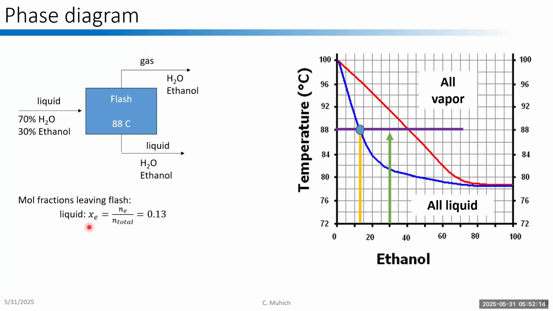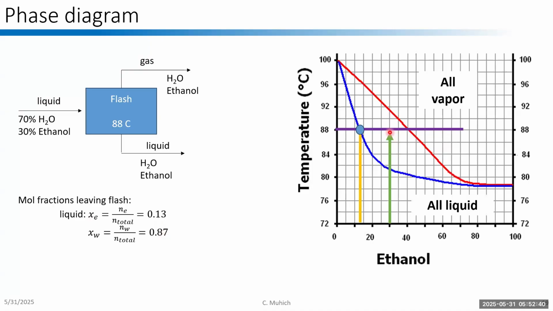So we can say that the mole fraction of ethanol in the liquid phase, and we know it's liquid because I'm using an x, is 0.13. Of course, that means that the fraction of water is just one minus that, so it's 0.87 or 87%.